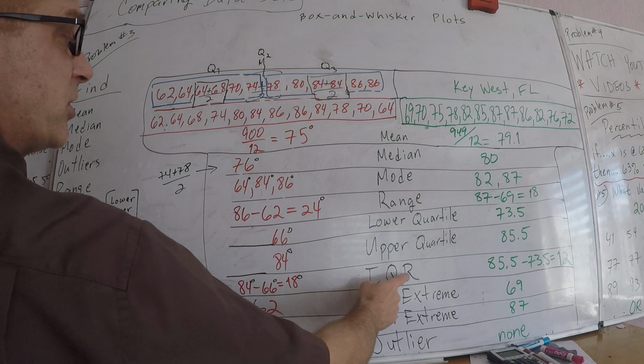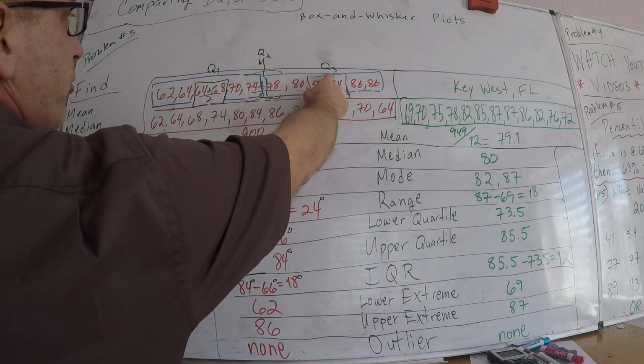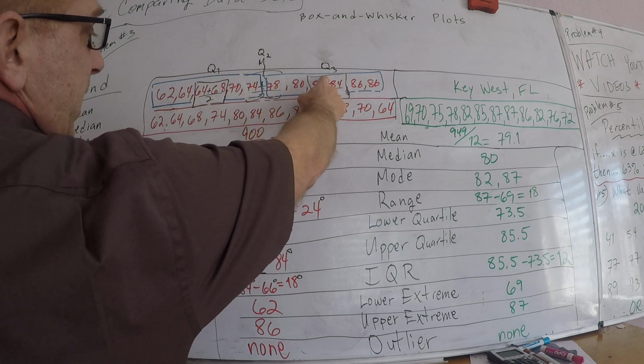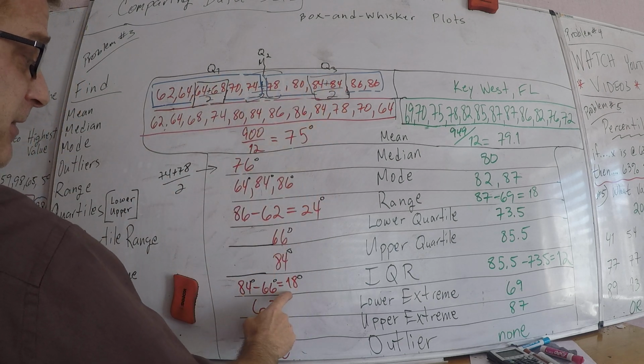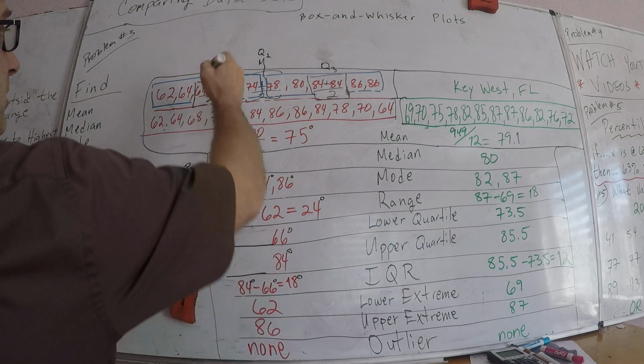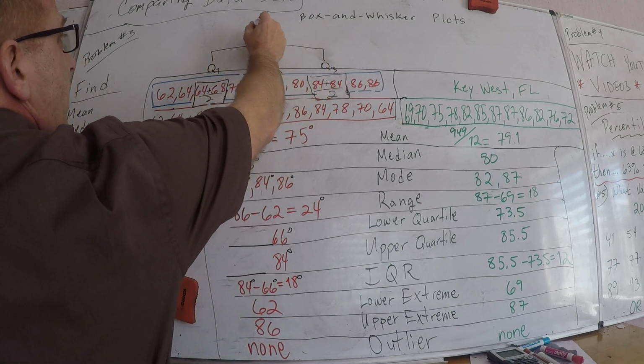So our interquartile range from Q1 to Q3, that range is 66 to 84. And that's a difference of 18. Okay? The IQR.